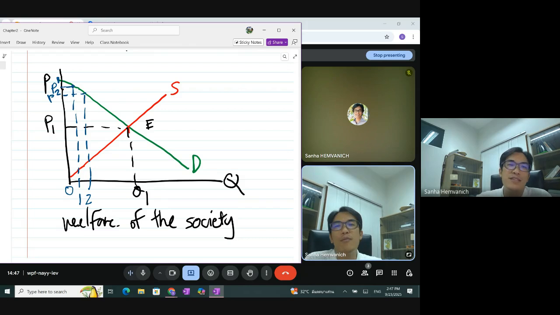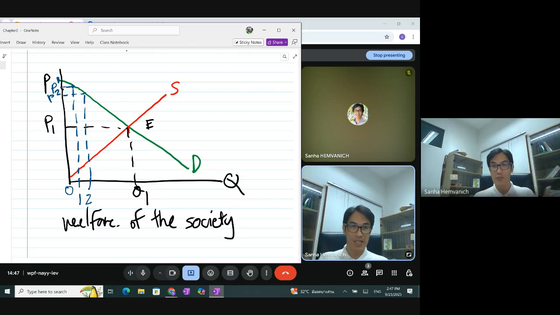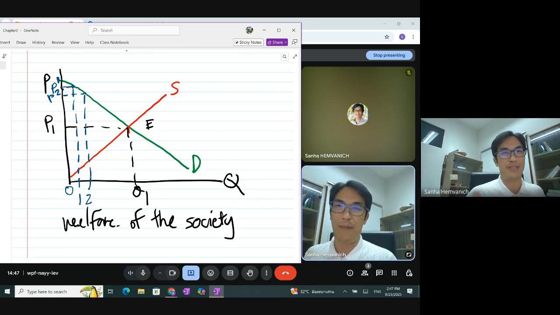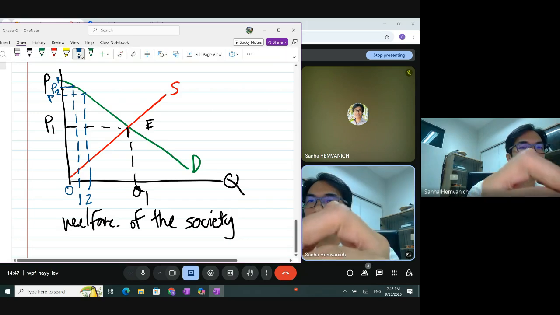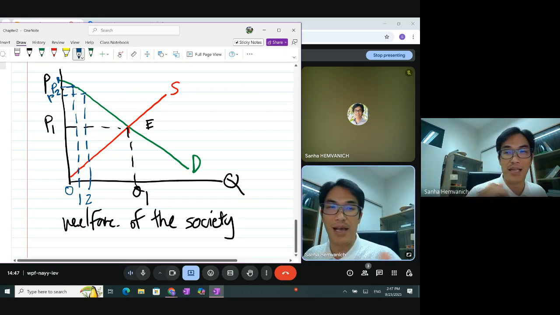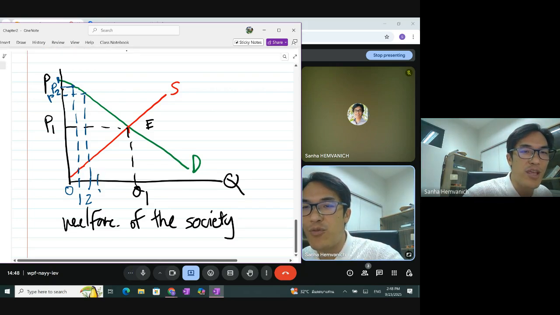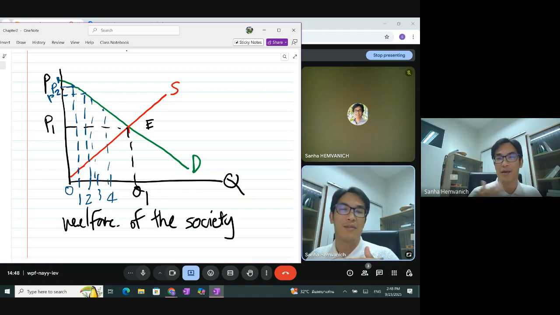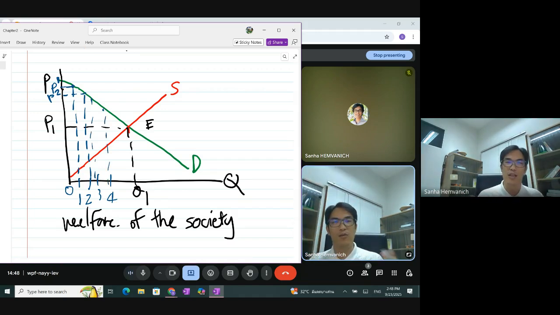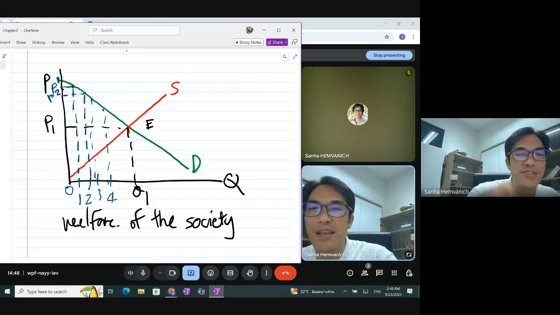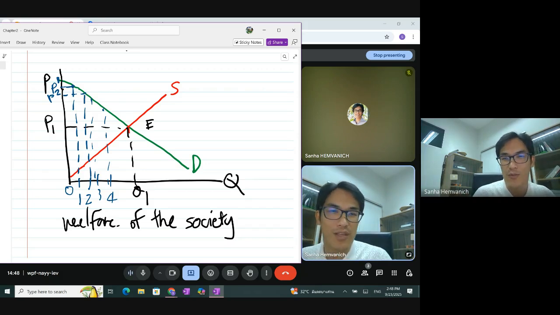So we try to measure the happiness of people, right? It is reducing, but it's still positive. So you have 3, 4, and the price we would like to offer becomes lower and lower. Let's say that we move until we get to Q1.